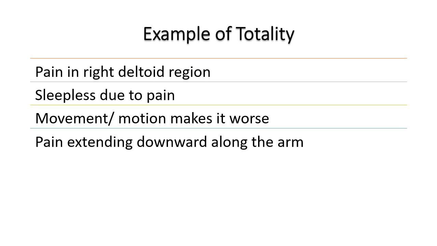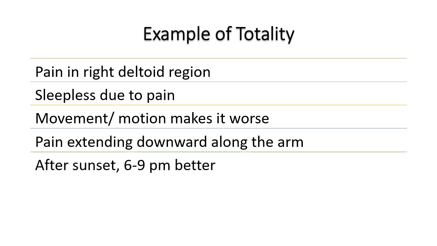Also, on further questioning and asking the details of the pain and its characteristics, he tells us that the pain is extending downwards along the arm from the deltoid region. He is particularly better between 6 to 9 p.m. after sunset.